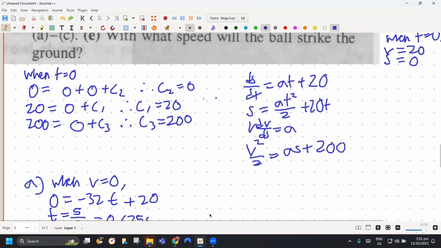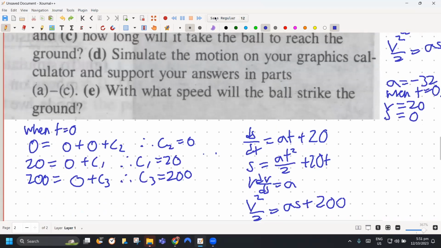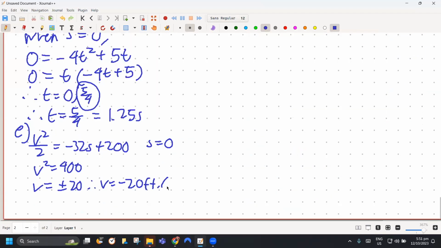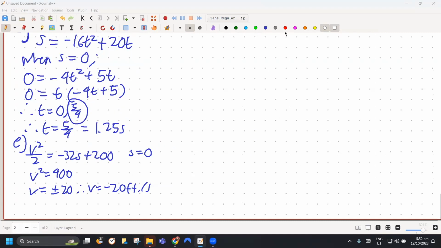So, pero ano hinihingi? Feet per second. Anyway, negative 20. Is that speed or velocity? Velocity na po, kasi pababa.